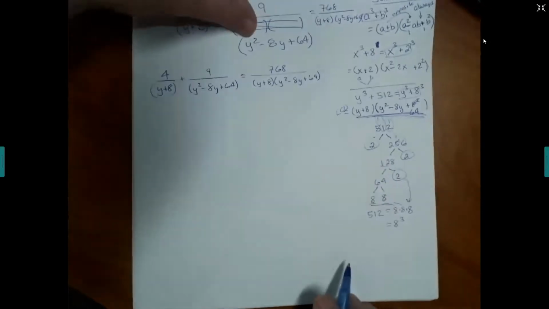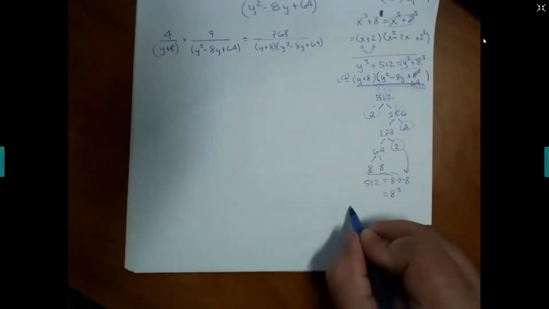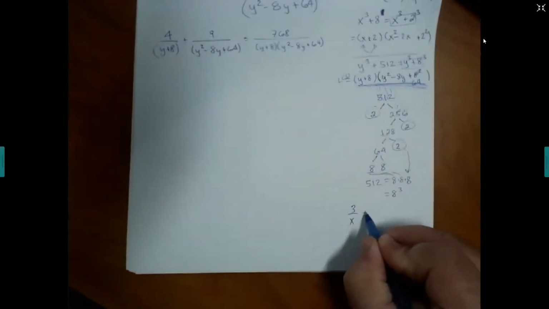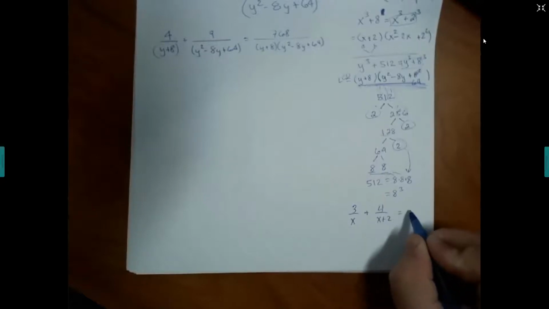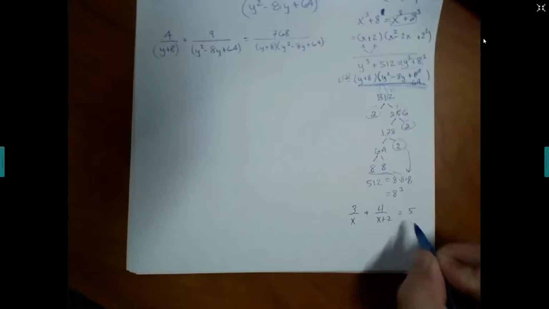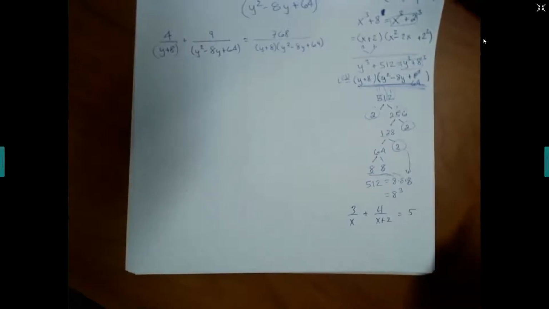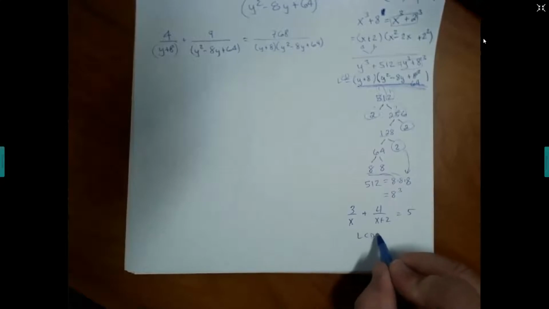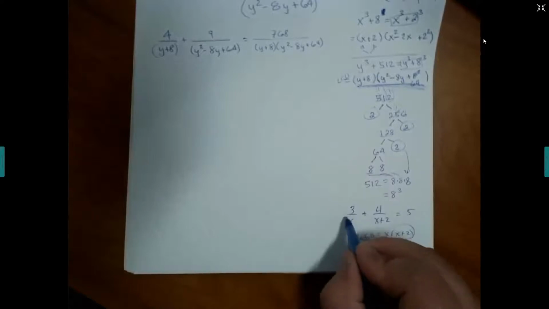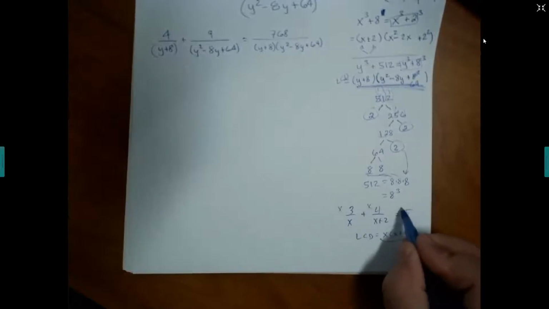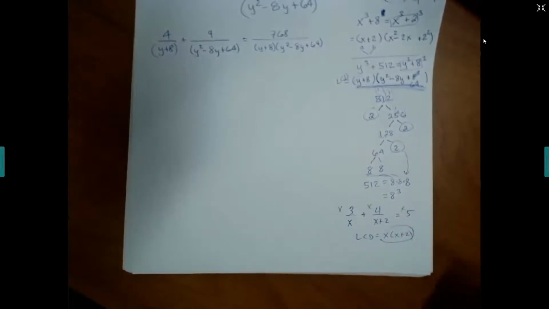This is no different than if we had an example like this one; the LCD of this one is x plus 2. I simply put this in front of every term and go from there.